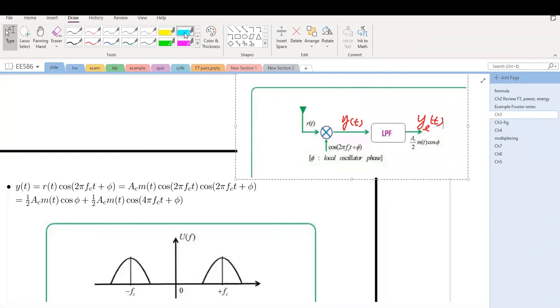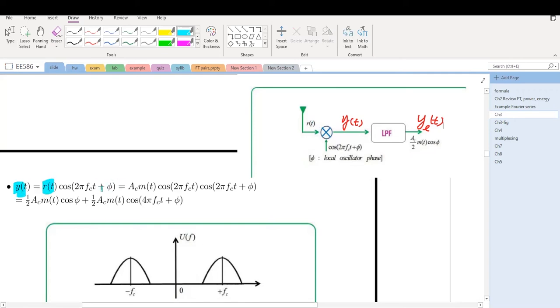Now let's do some calculations. The output of the multiplier is y(t). y(t) equals r(t) multiplied by this local cosine signal, cosine of 2 pi fc t plus phi. Plug it in: r(t) equals u(t), the modulated signal. Then cosine multiplied by cosine, we use a trigonometric identity.